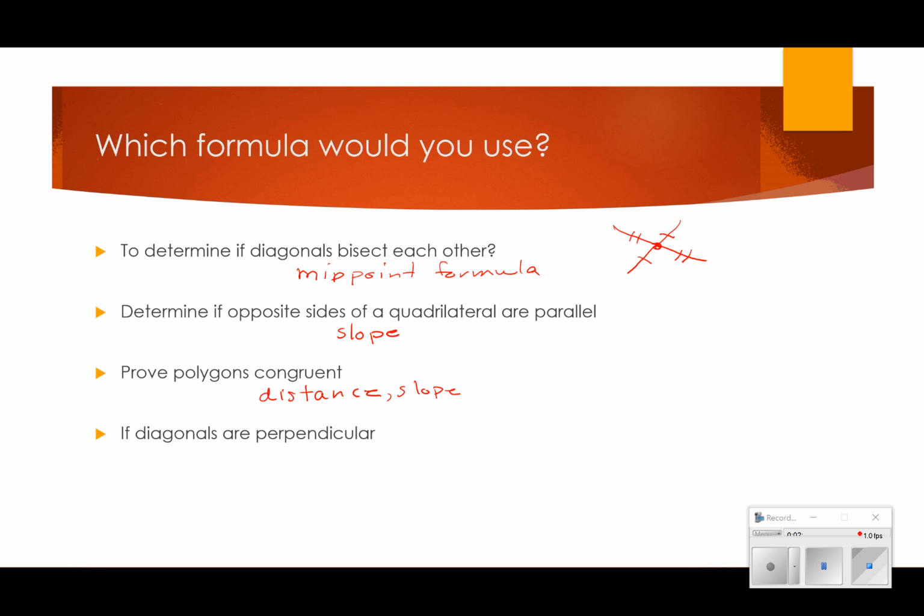If I want to know if the diagonals are perpendicular, like in a kite or a rhombus or a square, again, I'm going to use the slope, because slopes of perpendicular lines are opposite reciprocals. So remember that if the slope is 3/4, its opposite reciprocal would be -4/3.